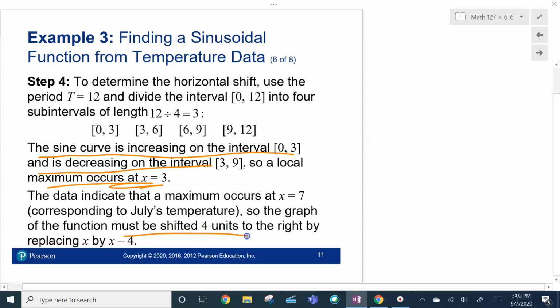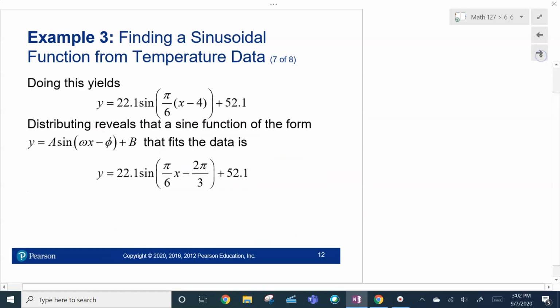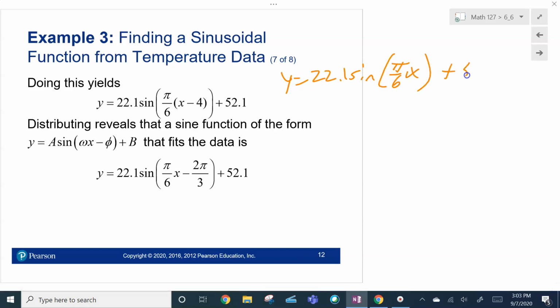So we've got to shift it 4 units to the right, so we replace x with x minus 4 in our function. We had y equals 22.1 sine of pi over 6 x plus 52.1. Shift it right 4 units, that goes in.